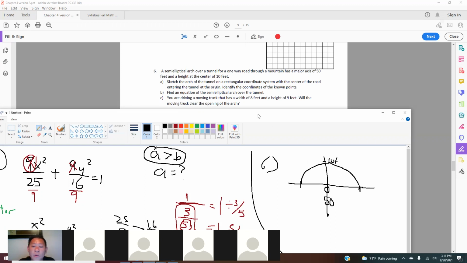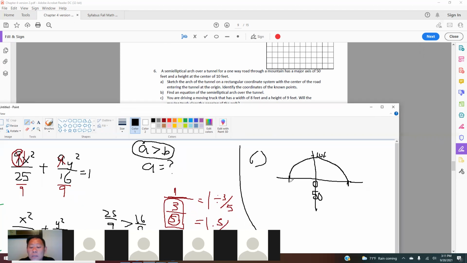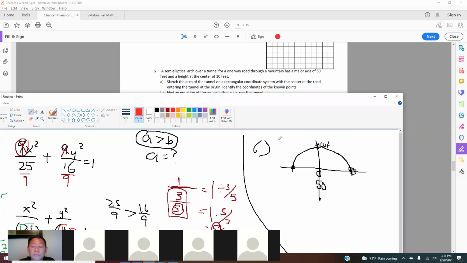So can someone tell me what are your coordinates for this, this, and this? Let's do this one first. What are the coordinates for this one? Since this is 50 feet apart, negative 25, 0.